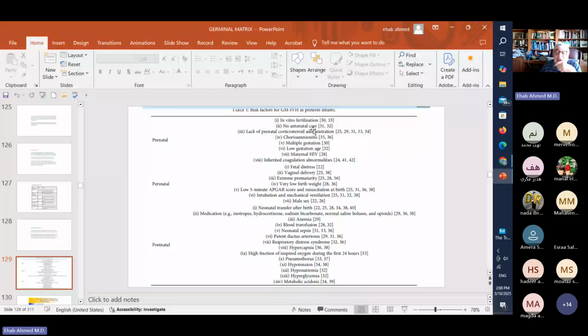In vitro fertilization, if there is no antenatal care, if there is no corticosteroids administered, chorioamnionitis, multiple gestation, of course, prematurity, maternal HIV, fetal distress, vaginal delivery, extreme prematurity, very low birth weight, low Apgars.